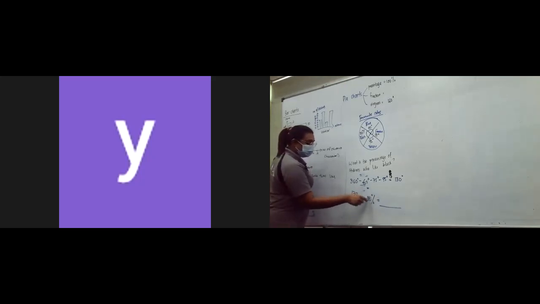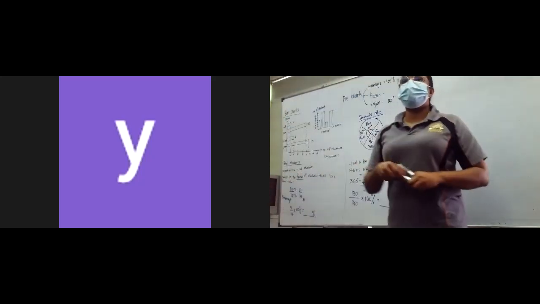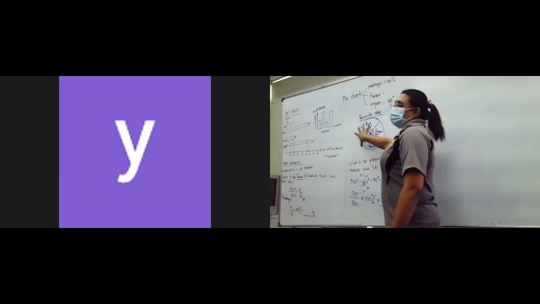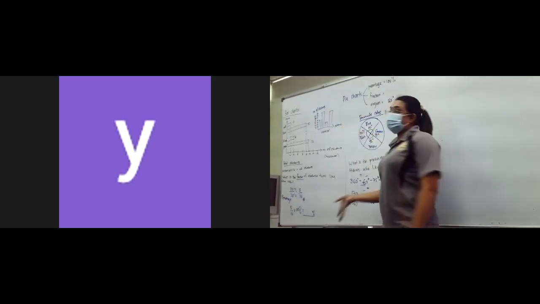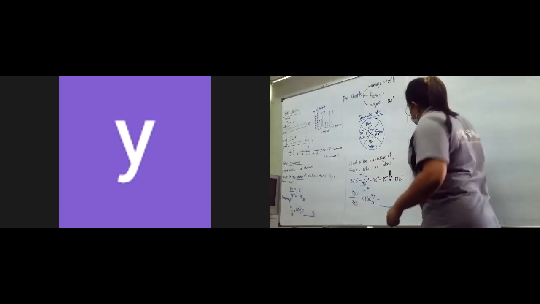Use your calculator and do. So this will be the answer. Clear? How to do? Understand? So even if they give degrees, if they ask you to find the percentage, this is how you have to do.